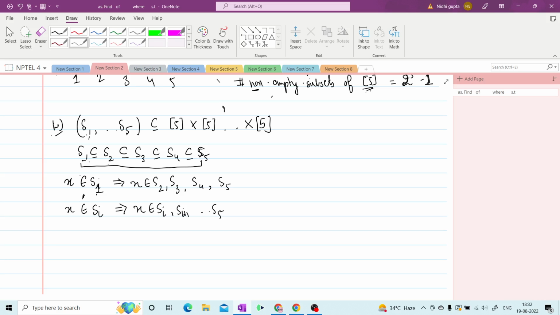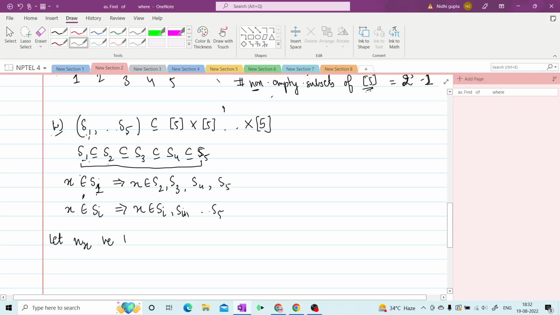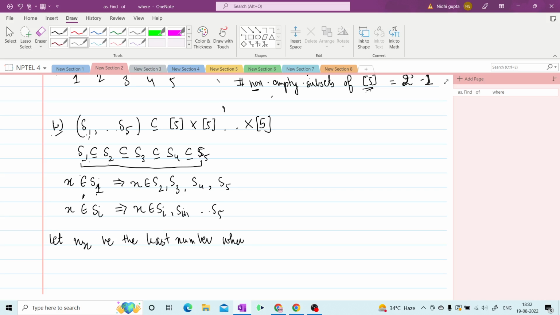So we can see, let nx be the least number where x belongs to Snx. So basically we have this tuple for each x equal to 1 to 5.